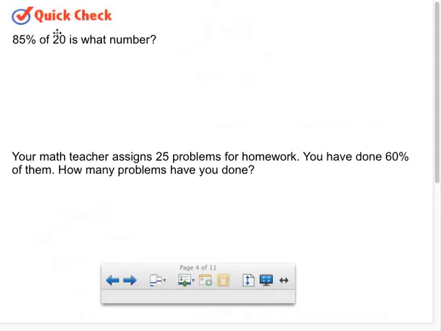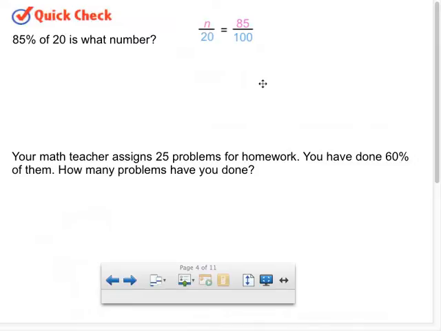You think it's going to be in the top? Well, it's saying 85% of 20, right? It's not saying 20 is 85% of a number. Does that make sense? So you have to be careful about that. 20 is going to be in the denominator because we're saying, hey, we want 85% of 20. They're not saying 20 is 85% of a number. So that'd be a different problem.